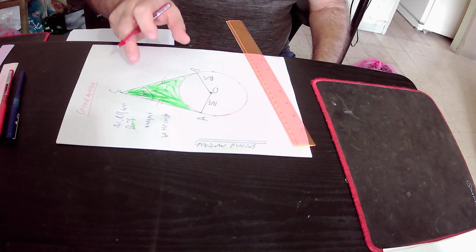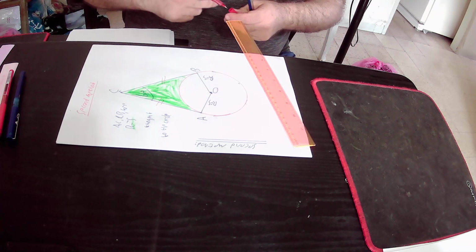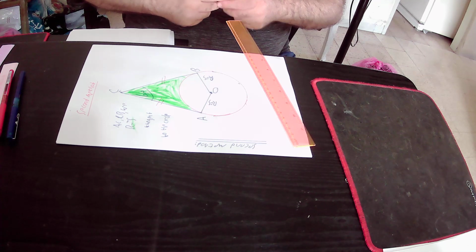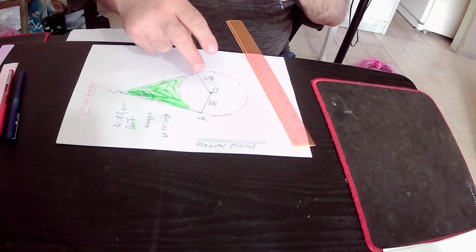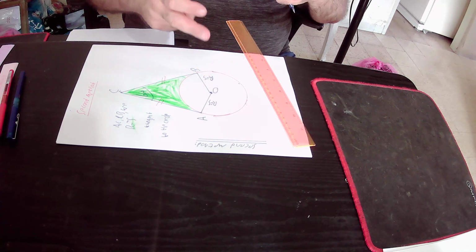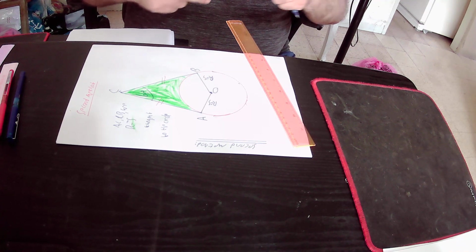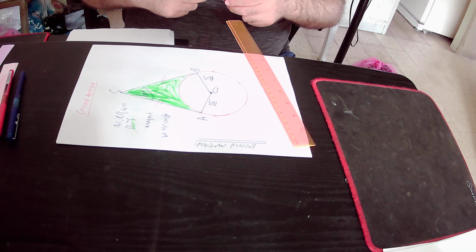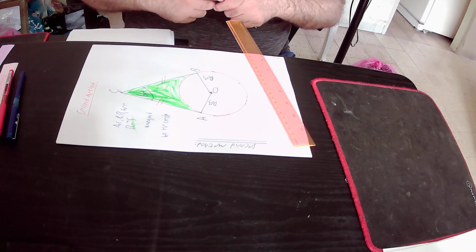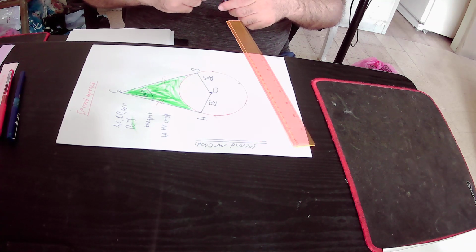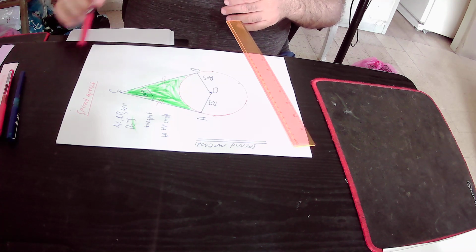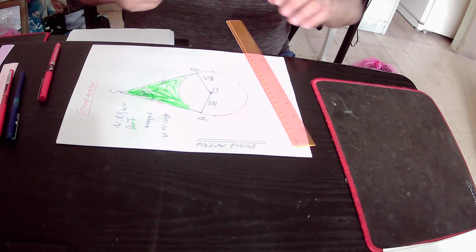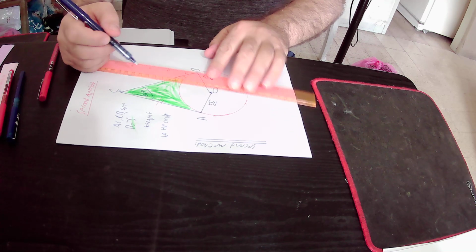So BC equals AC and AO equals BO. Both of those two line segments are the radii of the circle, and we will join together points C and O by a straight line.